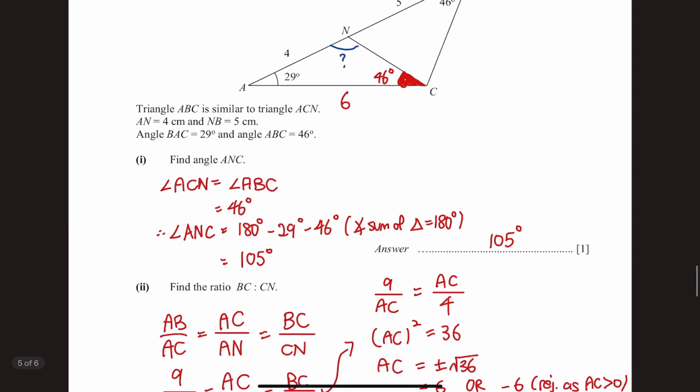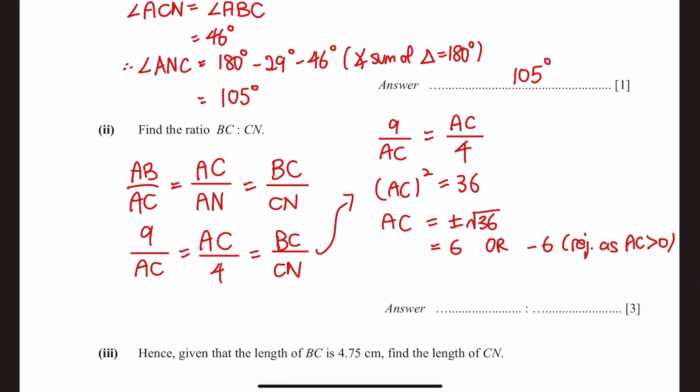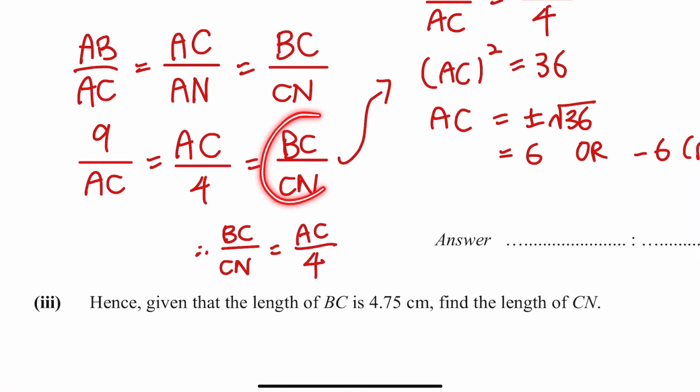So the ratio of BC over CN is the same as the ratio of AC over 4, based on this equation here.